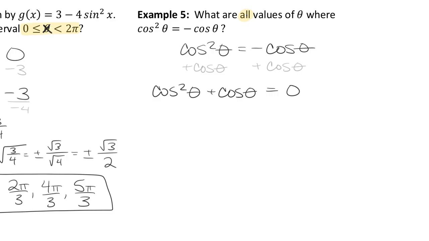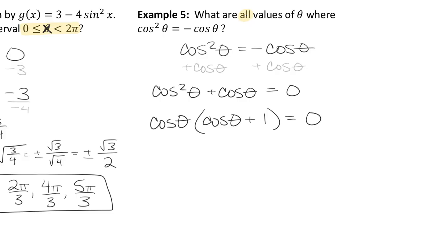Here's where a lot of students get mistaken. Do you notice that both the first term and the second term have cosine on them? Cosine is my GCF. So what I'm going to do is take my GCF out of the two terms and put it in front of the parentheses, meaning I'm going to factor out cosine of theta and have my leftovers of cosine of theta plus 1 in the parentheses.